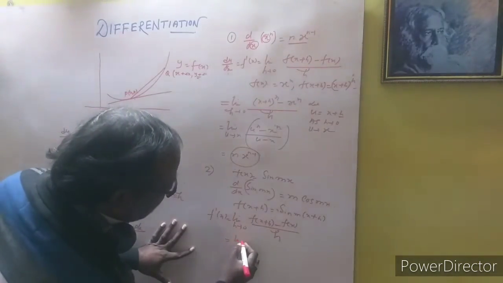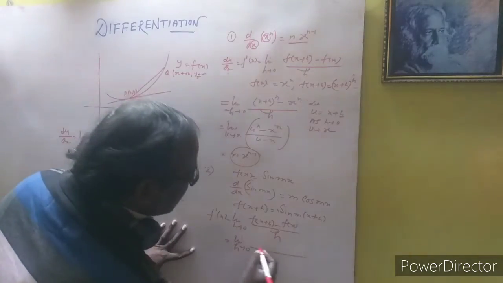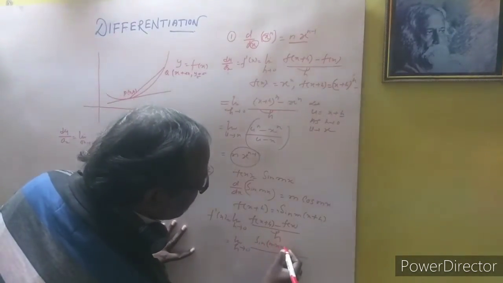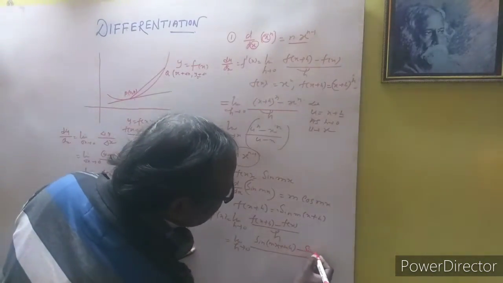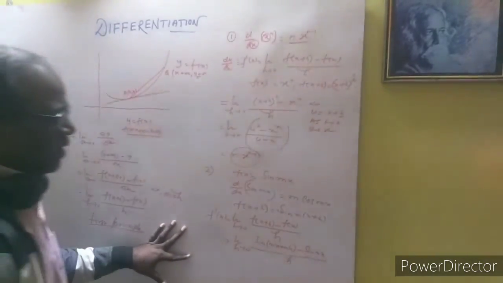Again, limit h tends to 0 of sin m(x plus h) minus sin mx, by h.